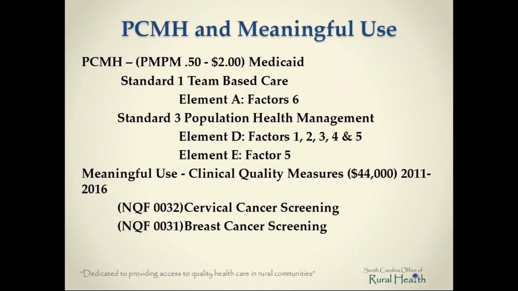Here are just some concrete examples of how the services that are provided through BCN align with the patient-centered medical home accreditation process, but also meaningful use, demonstrating meaningful use in your electronic health record system. You receive credit for team-based care, population health management, as well as meeting those quality improvement measures.